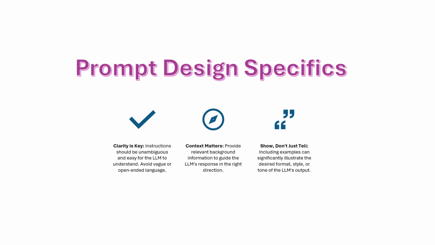It's like giving an already capable model a few more examples in the prompt itself to show it the right direction. So provide some context. And that's it for prompt design.